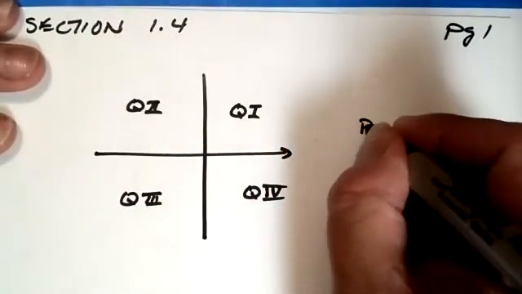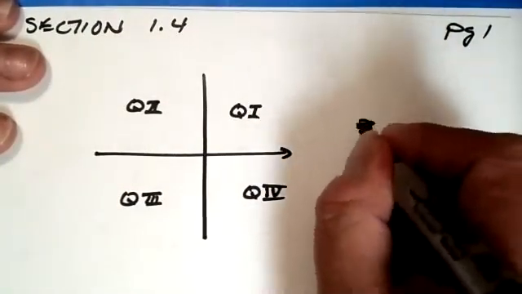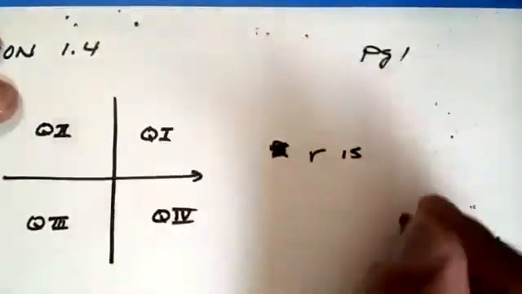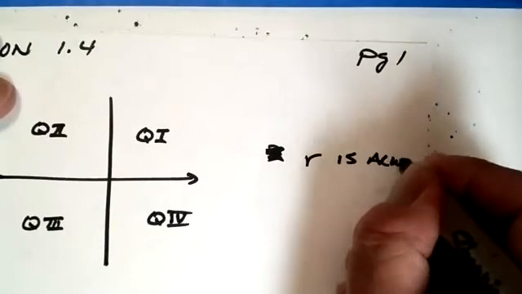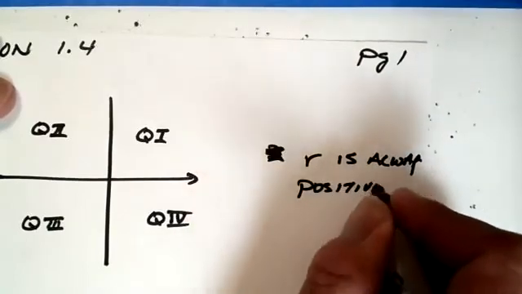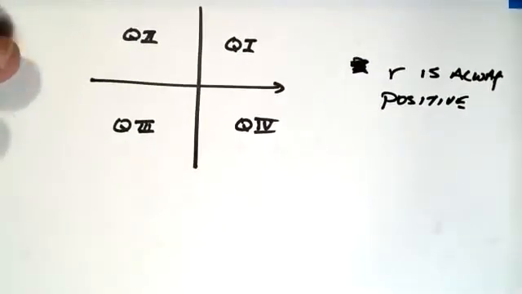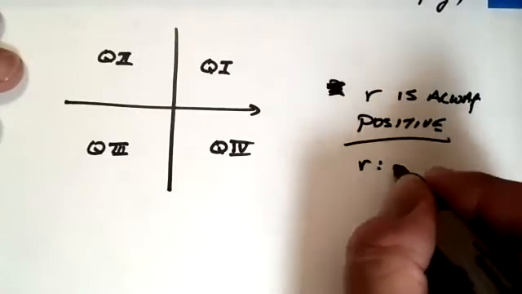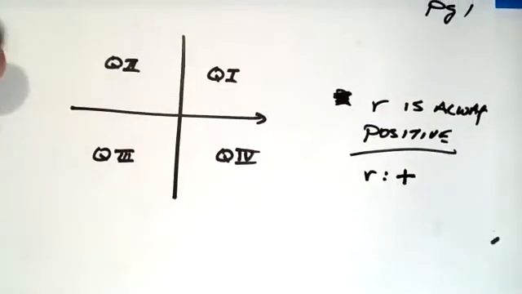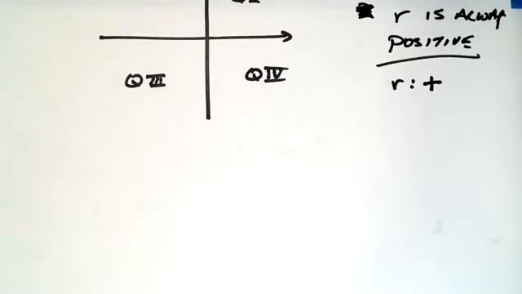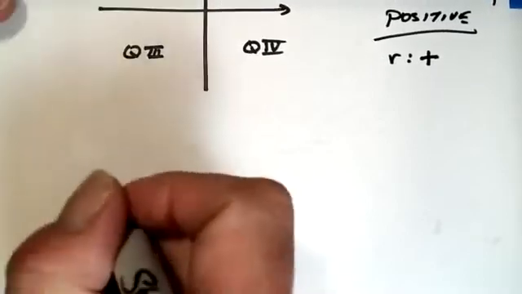So I'm going to keep a little catalog here. r is always positive. And this is kind of critical. So we can do a shorthand: r is positive. Because when we're talking about signs, it doesn't really matter what the values are, just whether they're positive or negative. And since we're involving ratios, I think you'll see where this goes.